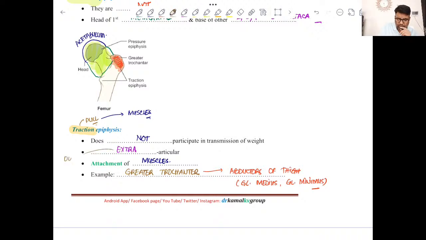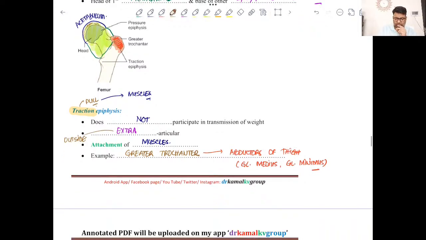Extra means outside, so they are outside the joint space. They are not involved in any joint formation or any weight transmission. So this is an example of traction epiphysis.